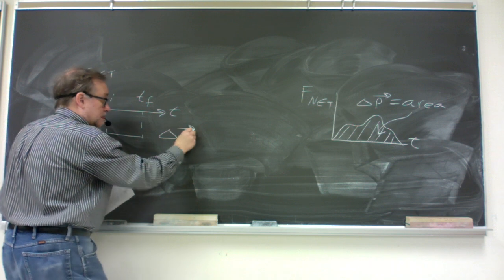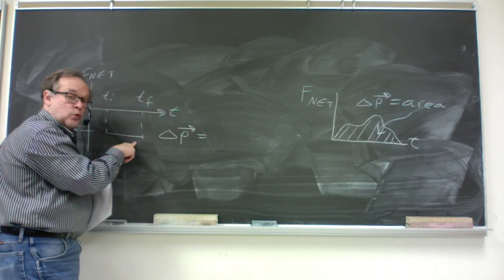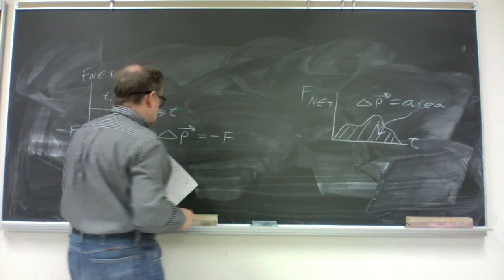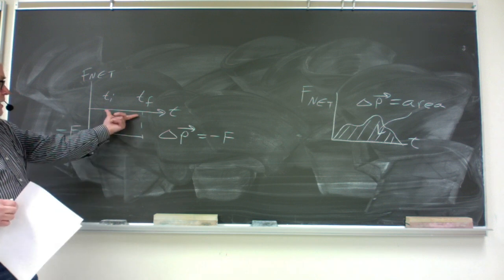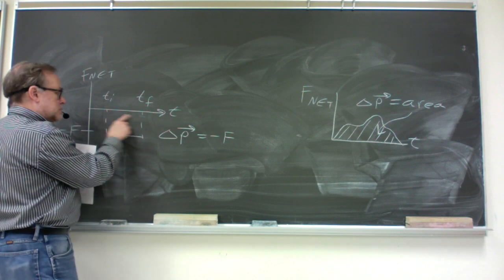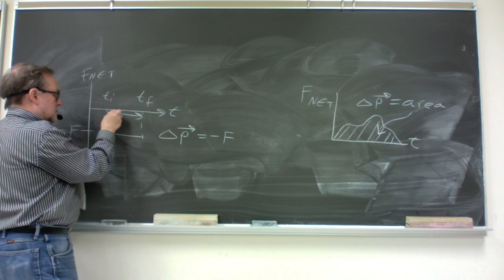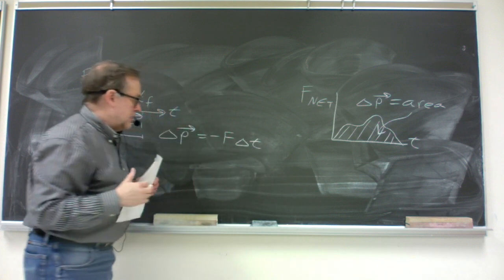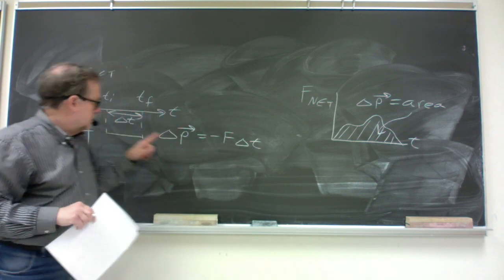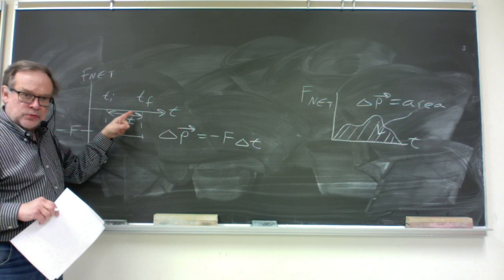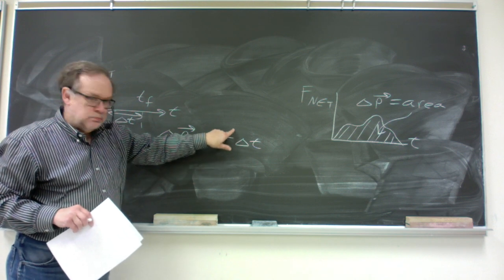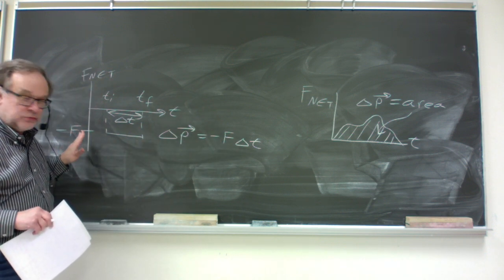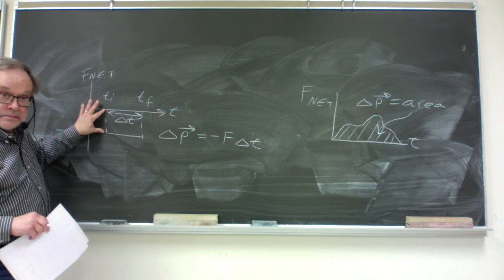And the change in momentum is just that force, which is minus F, times the length of time that force was acting, final time minus initial time, or delta T. But again, this number delta T is equal to the length of this rectangle, and this number, just plain F, the magnitude of this negative force, the absolute value of this negative force, is equal to this length.